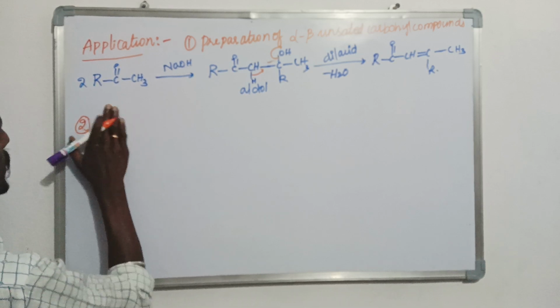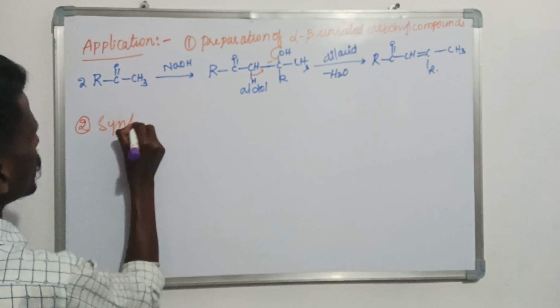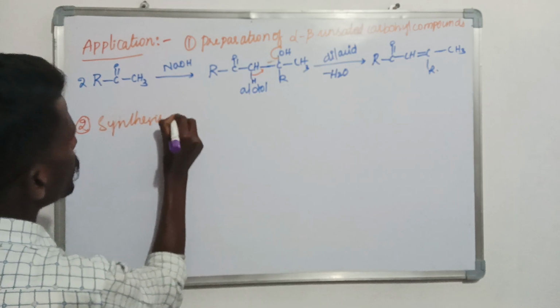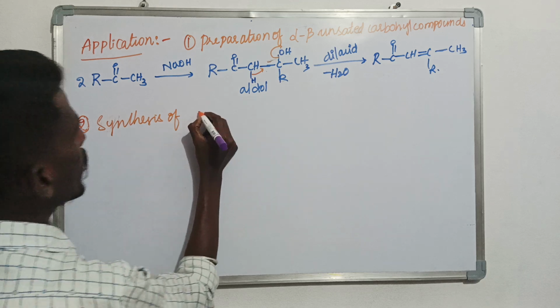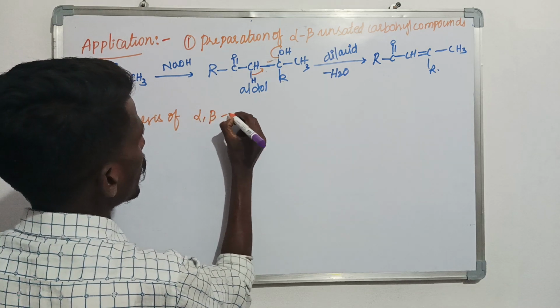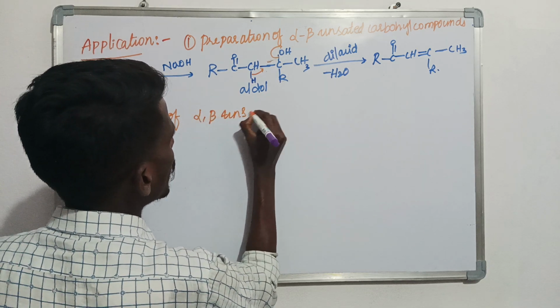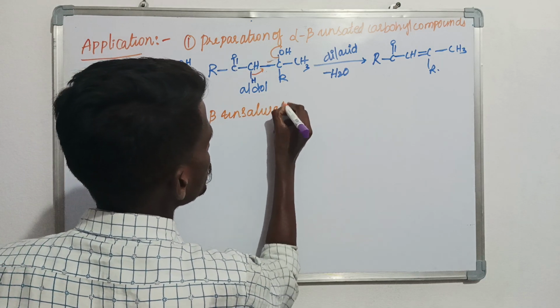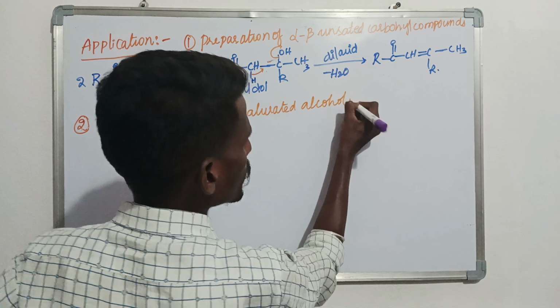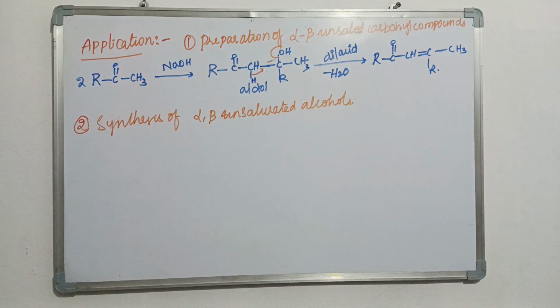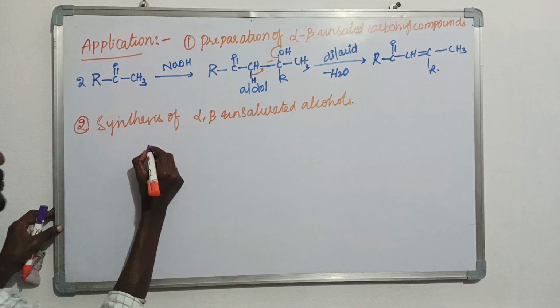Second one is the preparation, or maybe synthesis, of alpha beta unsaturated alcohols. It means aldol is the product now.